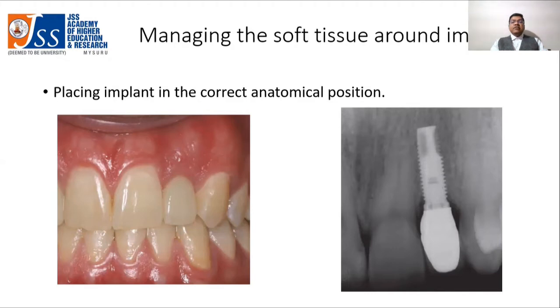The ability of clinician to accurately forecast the final position of healed tissue will underpin the long-term success of any implant restoration. As seen in this picture, this has been perfectly executed. That's why we don't see any peri-implant conditions.